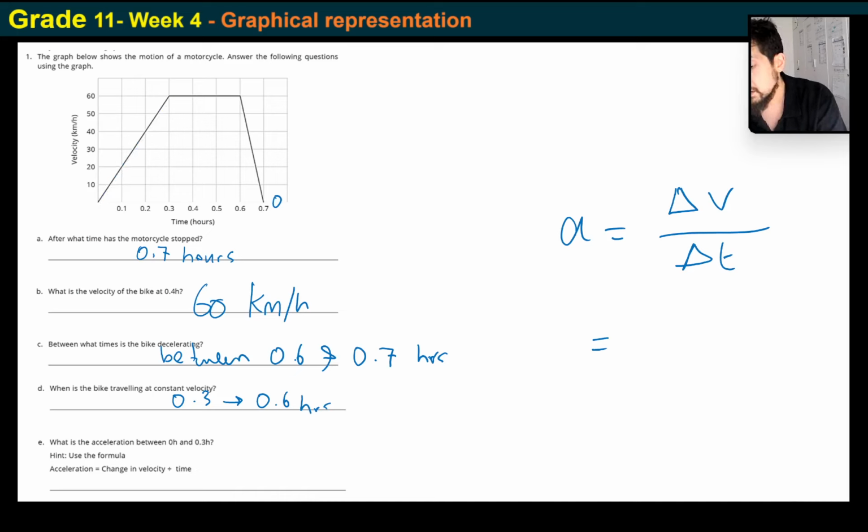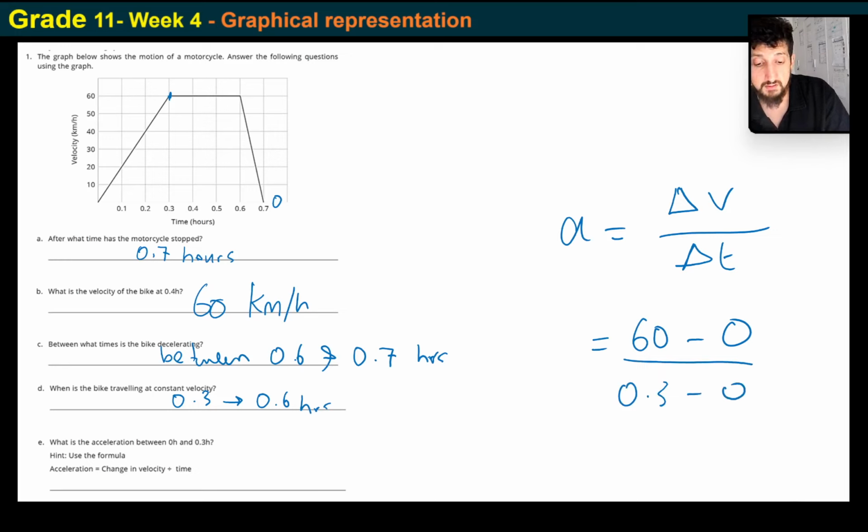Okay? So the final velocity is 60. The initial velocity is 0 over here. And the final velocity is 60. The time is 0.3 minus 0. 60 divided by 0.3, which last time I checked is 180.